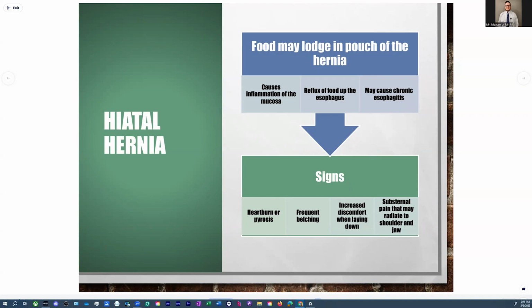Hiatal hernia can be dangerous, and so we may need to fix it surgically. Treatment a lot of times could be lifestyle modifications, losing weight, avoiding laying back on the recliner or laying down after eating, treating the reflux and heartburn symptoms, and potentially, in extreme cases, surgical intervention to fix it.